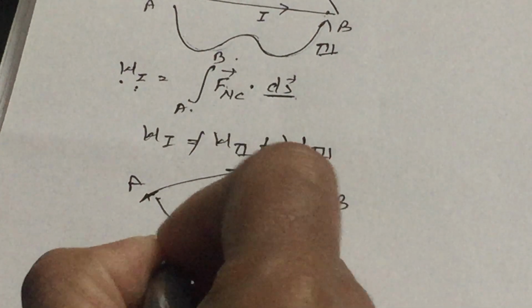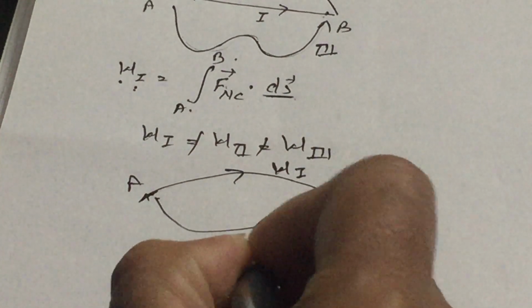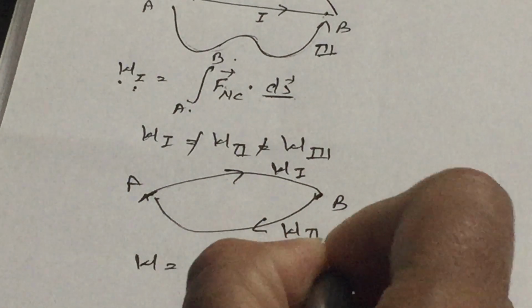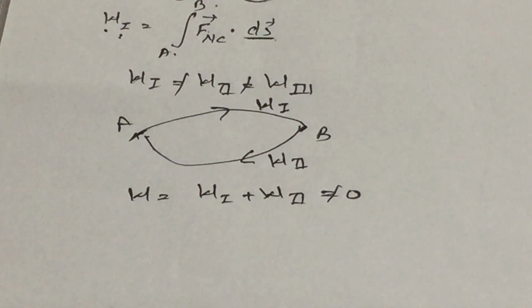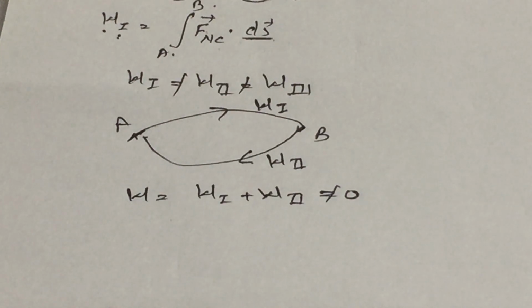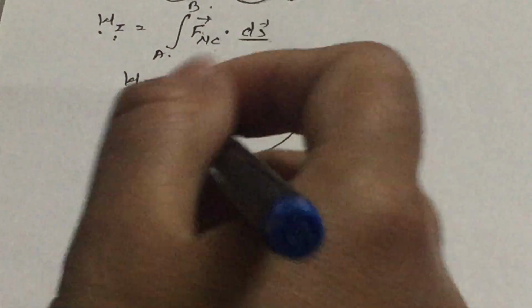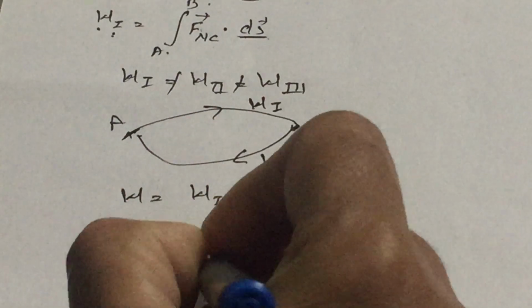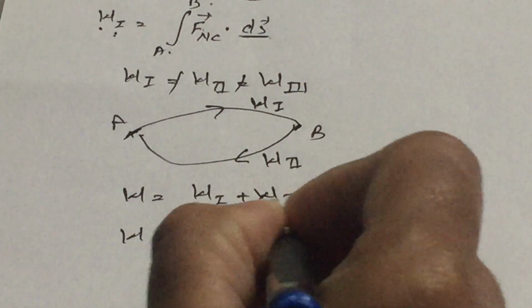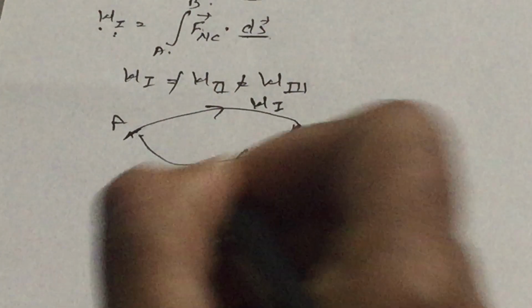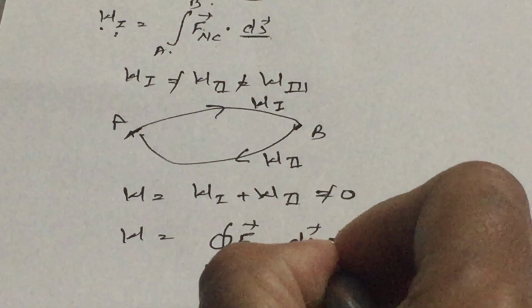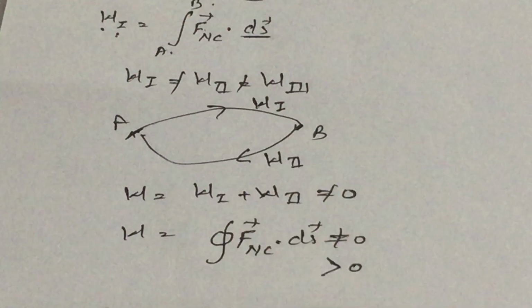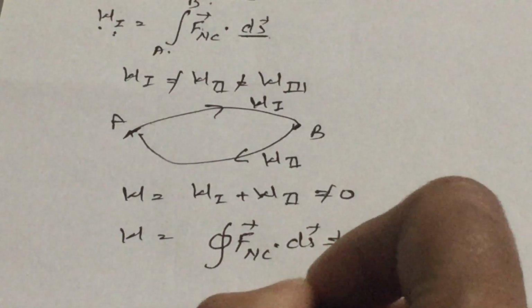The total work done is W1 plus W2, and that is not equal to 0 in our case because the applied forces are non-conservative. So the work done by non-conservative forces for a closed path is not equal to 0. It is always greater than 0. It is always positive in nature.